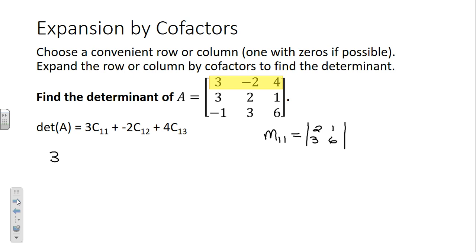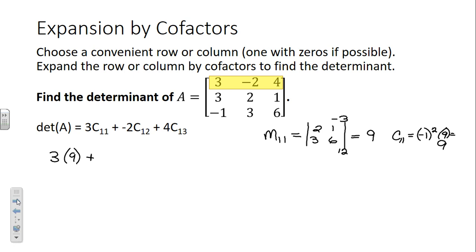Okay, so we evaluate that, and we get 12 minus 3, which is 9. All right, cofactor-wise, what is our power going to be? 2. So a positive 1 times a 9 is positive 9. So we're taking 3 times 9 so far.